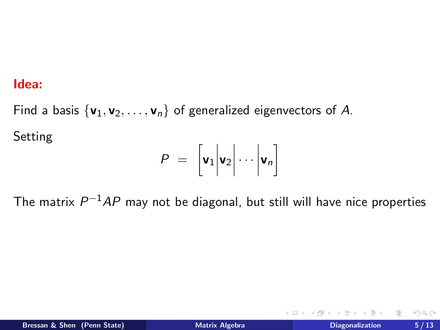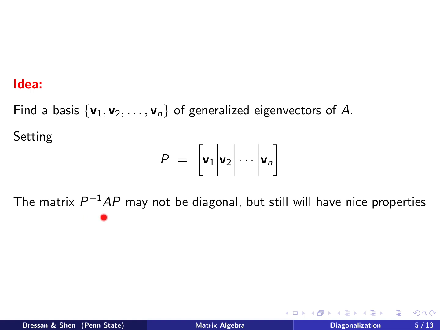The idea behind this definition is the following. We want to find a basis V1, V2, up to Vn of generalized eigenvectors, not only the regular ones, but also the more generalized ones. Then we can set the P matrix to be the matrix that contains these eigenvectors as the columns.